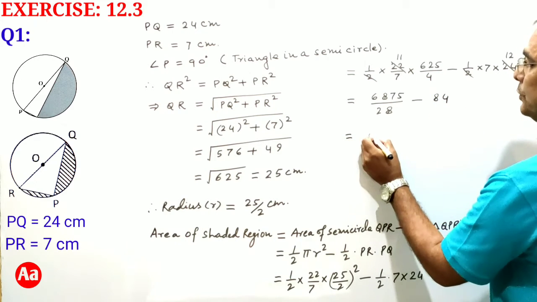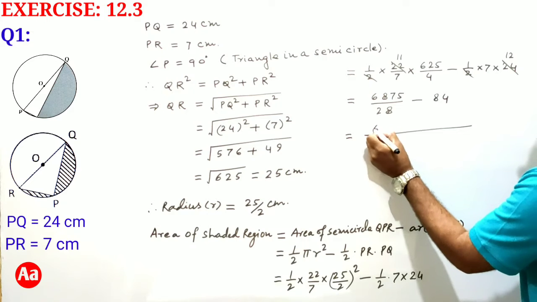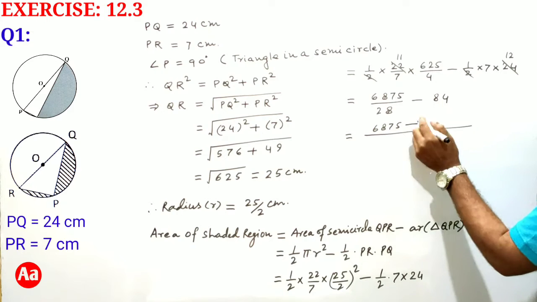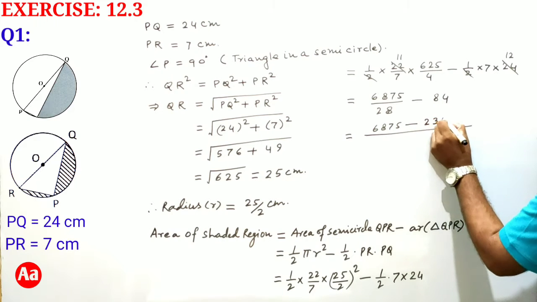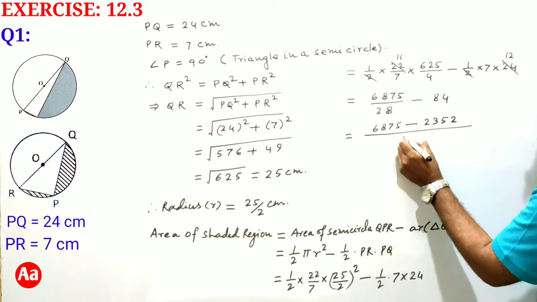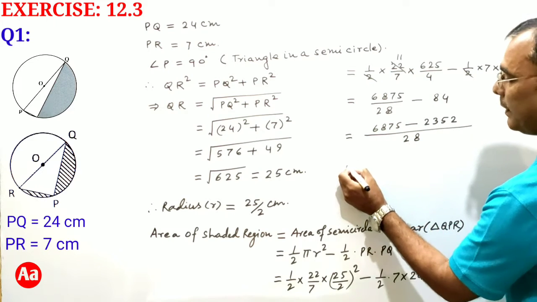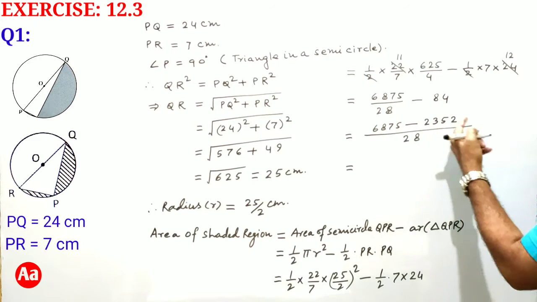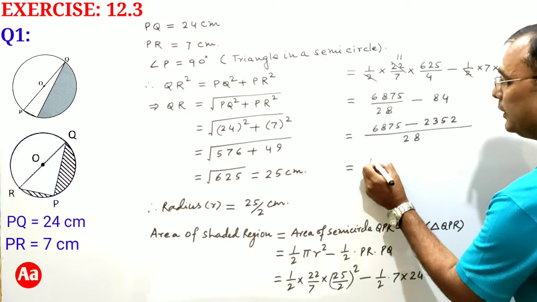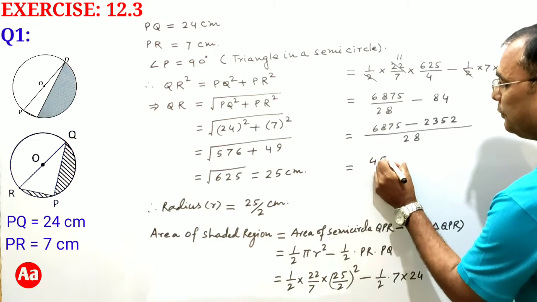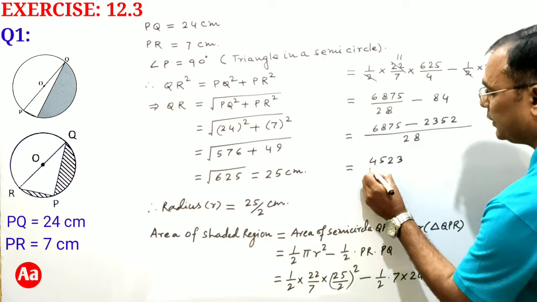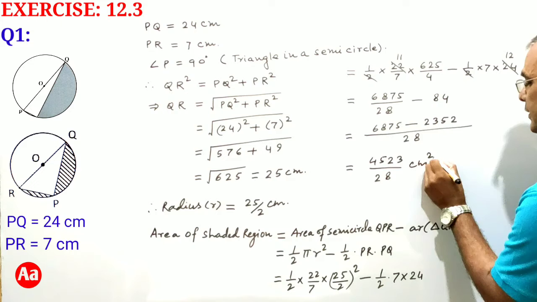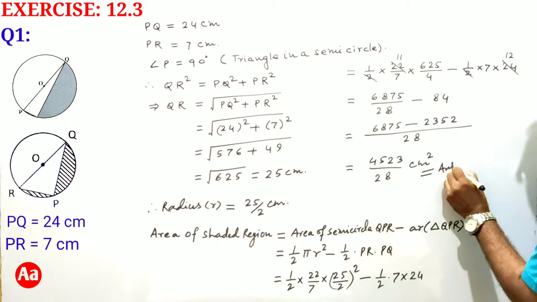This is equal to (6875 minus 28 into 84)/28, that is 2352/28. Simplifying the numerator, we'll find 4523/28 centimeter square, and this is the answer.